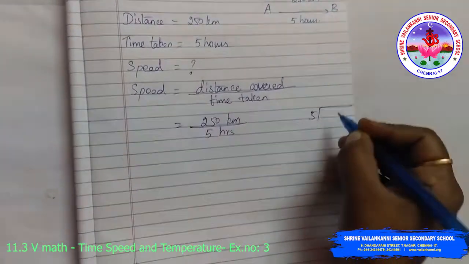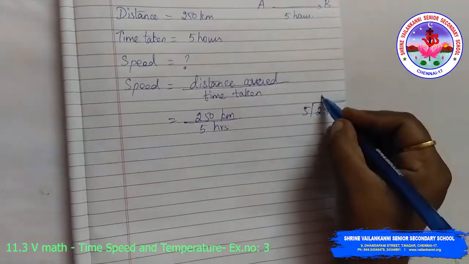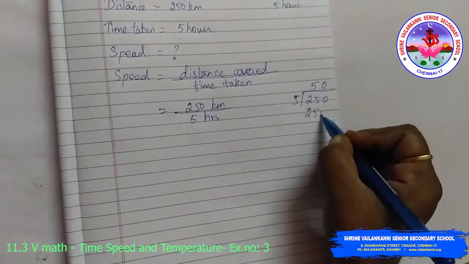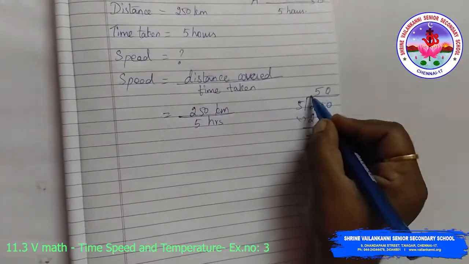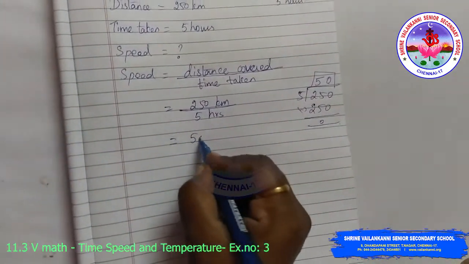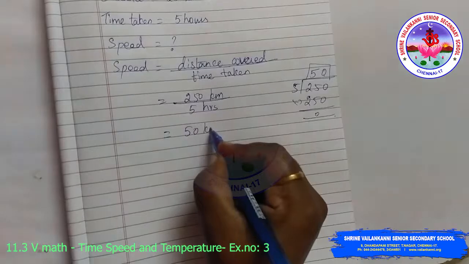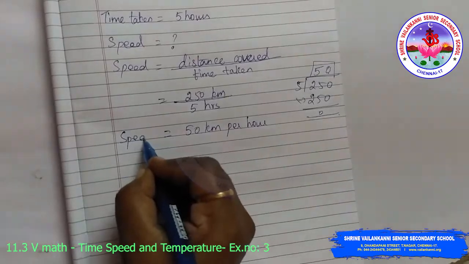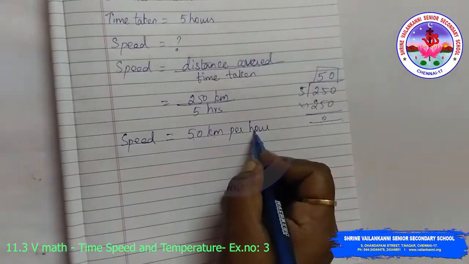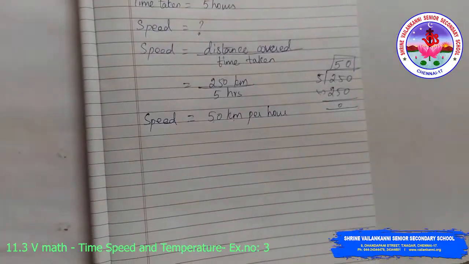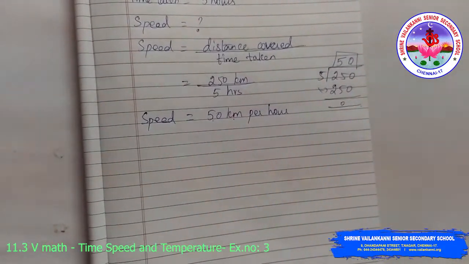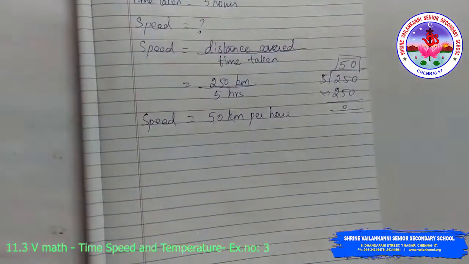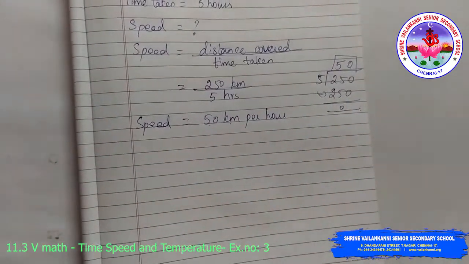If you do the division, 5 5s are 25, adding 0, 50 into 5 you will get 250. So the answer is 50, which can be written as speed is equal to 50 km per hour. If the bus travels 50 kilometers per hour, it can reach the destination 250 kilometers away from city A to B. Okay, so we'll go to the second example.